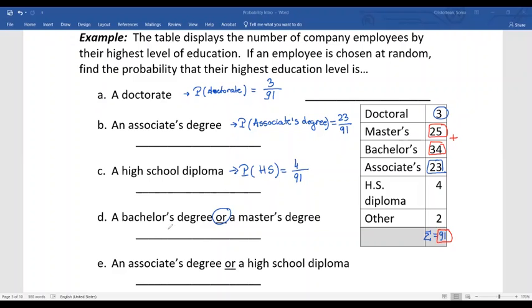So the answer should be 25 over 91 plus 34 over 91, or 25 plus 34, which is 59, divided by 91. And the same thing goes for this last question. I will let you complete that one.